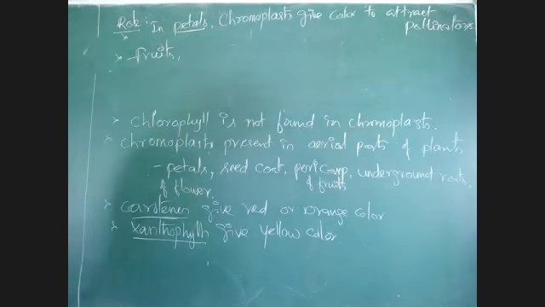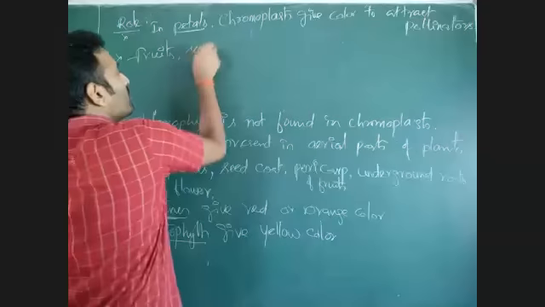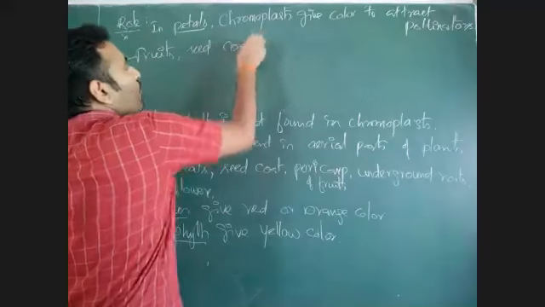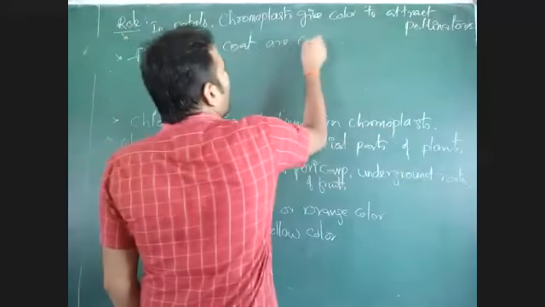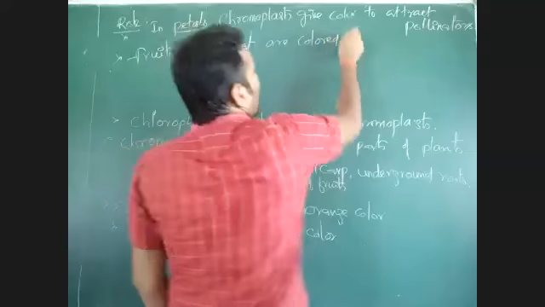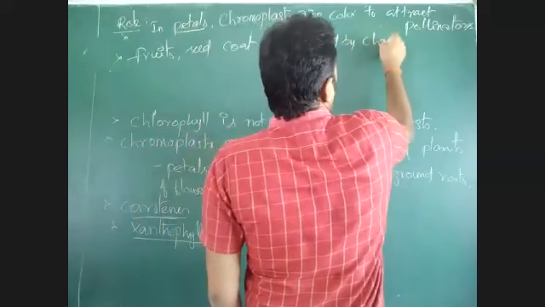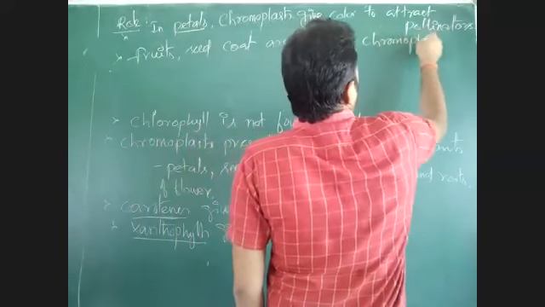Next, fruits. Fruits are also bright in color, I told you. Here, fruits and seed coats are colored by chromoplasts.